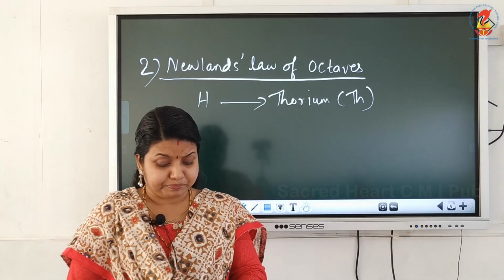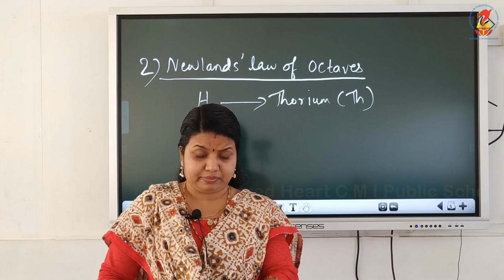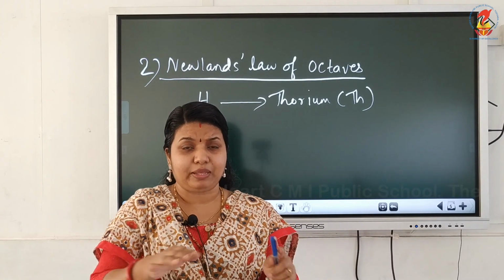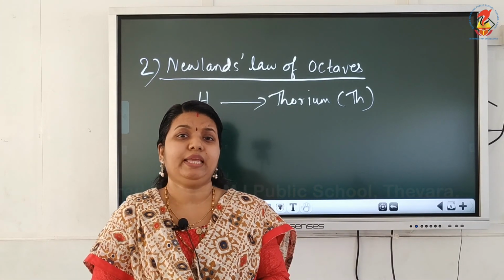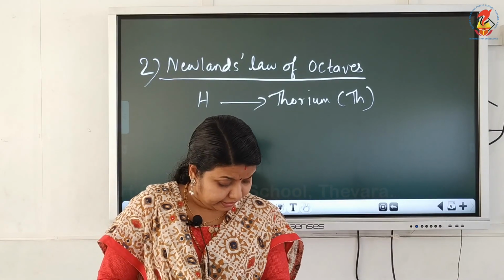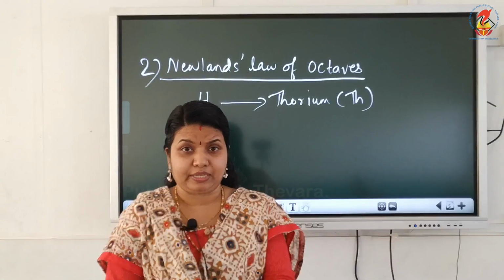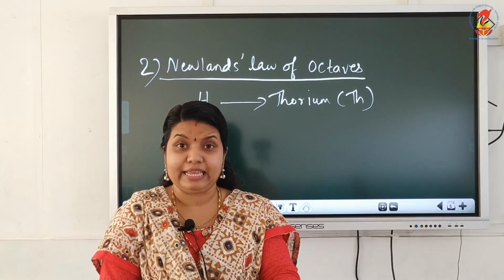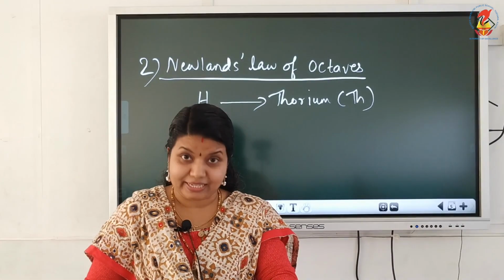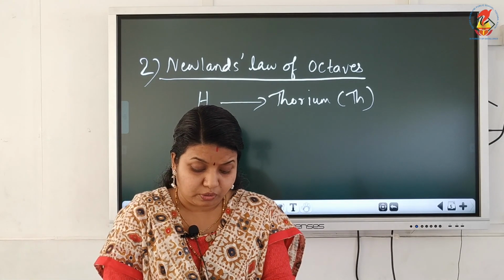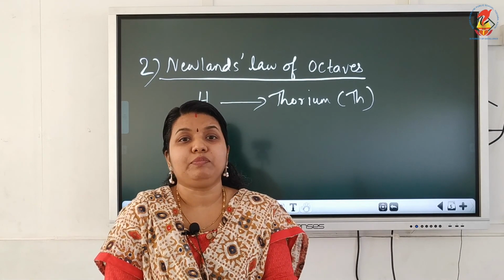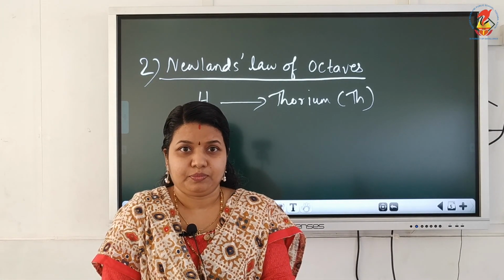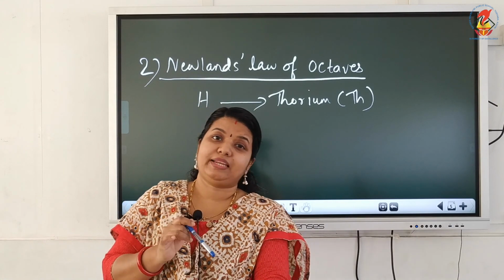You can see a part of the classification made by Newlands on page number 81, table 5.3. On the top of the table, you can see the musical notes, in the Indian system and in the Western system.